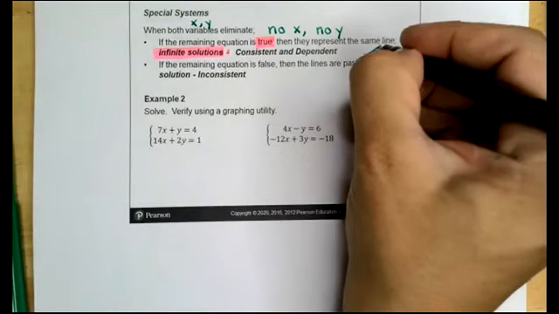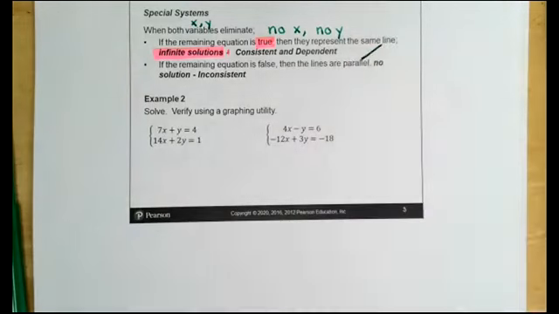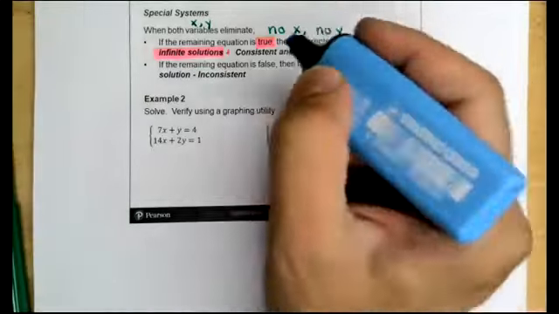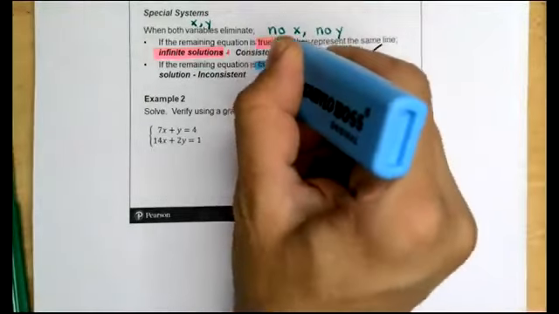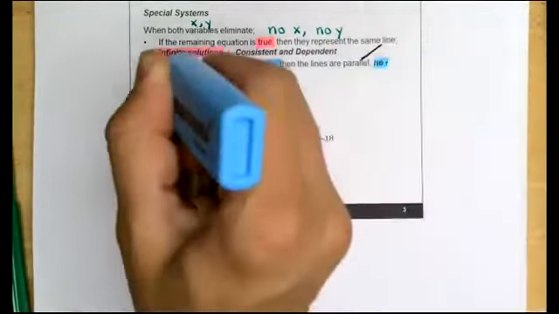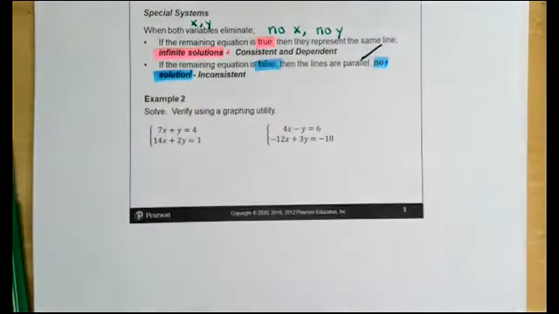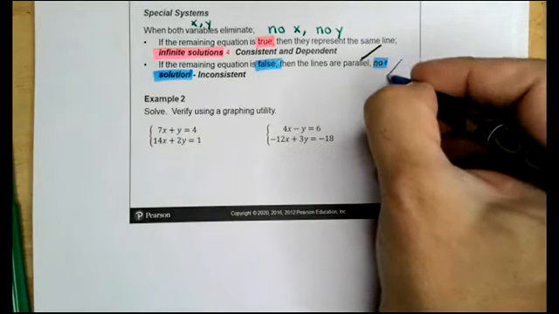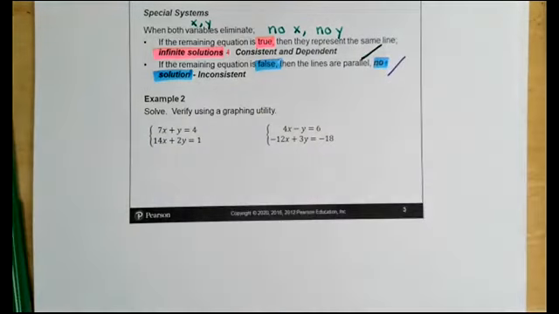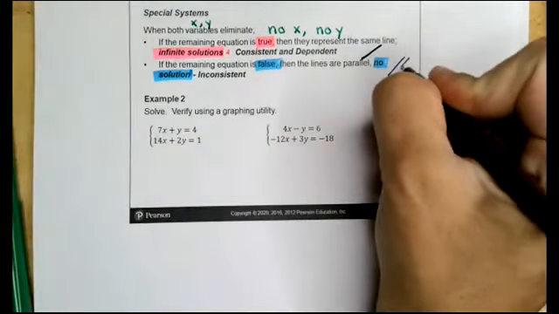That's what that means. If both variables eliminate and it's true, they have infinite solutions, okay? If both variables eliminate and the equation is false, they are parallel, they have no solution, or they are inconsistent, okay? So that would be this guy right next to this guy.